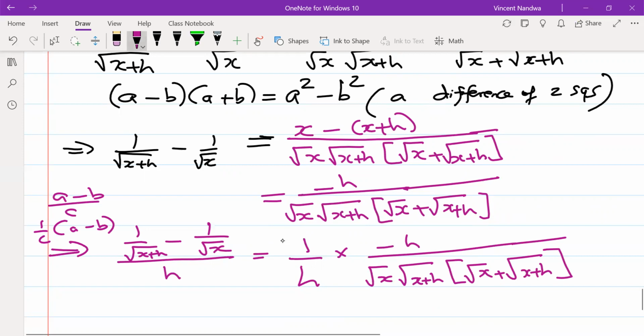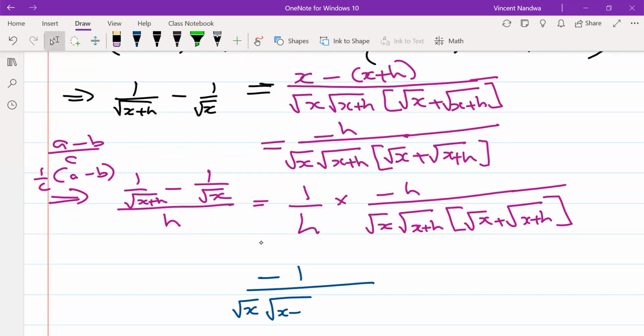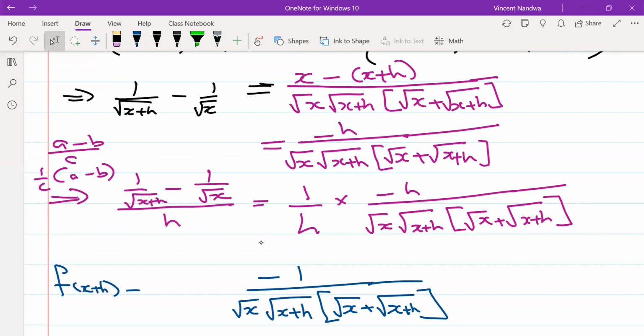Negative 1 now will be the numerator, okay? So negative 1 over the expression root x, square root of x plus h into square root of x plus square root of x plus h. So this is what is giving us f of x plus h minus f of x divided by h.